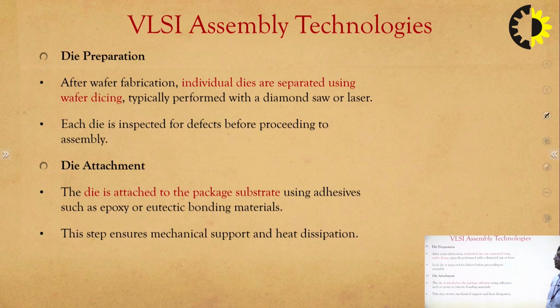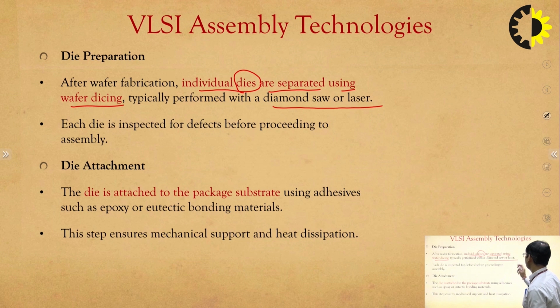For die preparation, we must note that after the wafer is fabricated, the individual dies are separated using wafer dicing, typically performed with the help of a diamond saw or laser, and each die is inspected for defects before proceeding to assembly. So, that is the first step, die preparation.